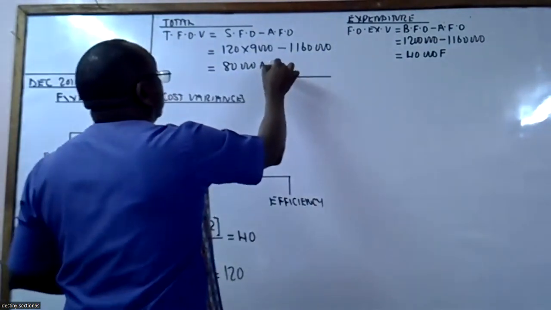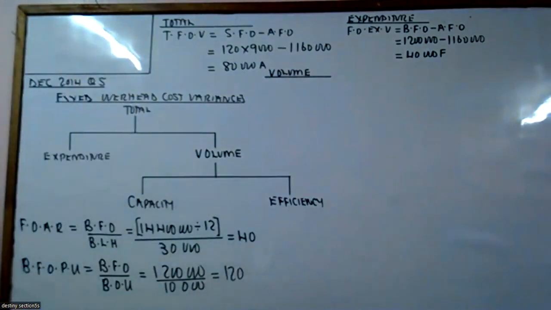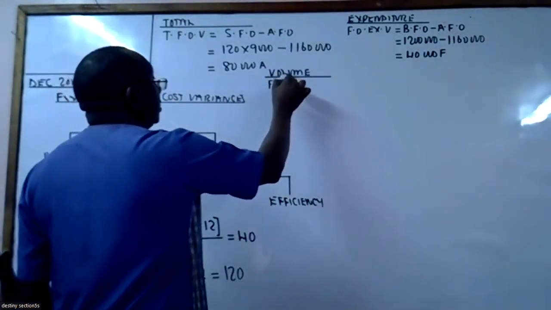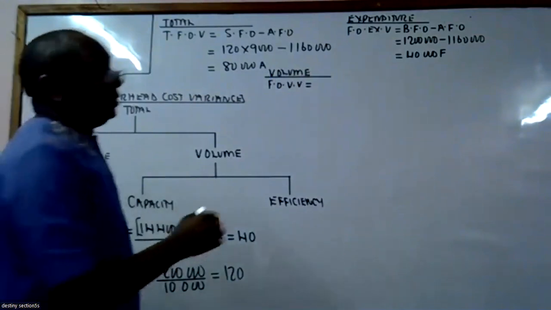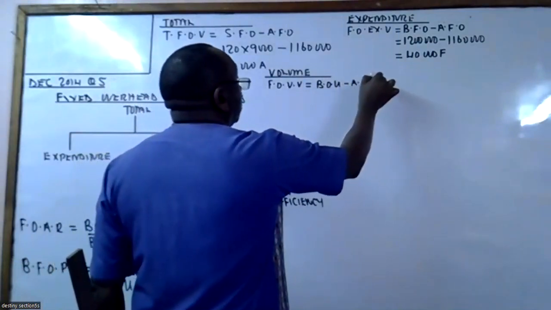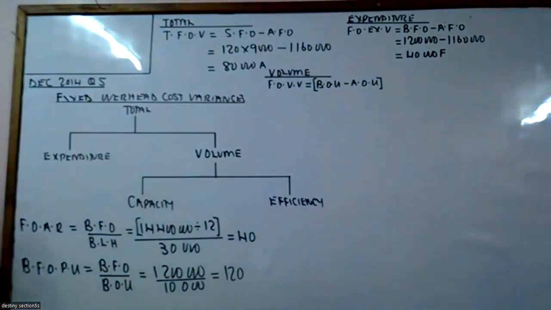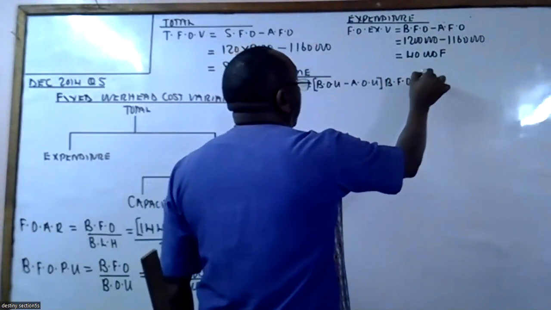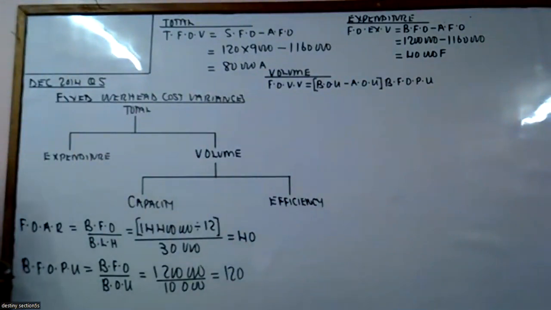Then we come to volume. The fixed overheads volume variance is given as budget output units minus actual output units, you multiply by budget fixed overheads per unit.